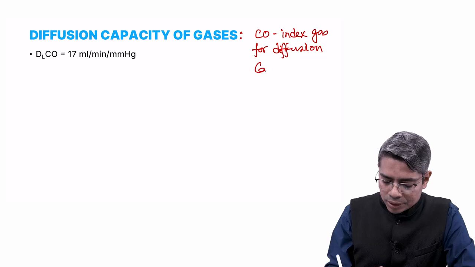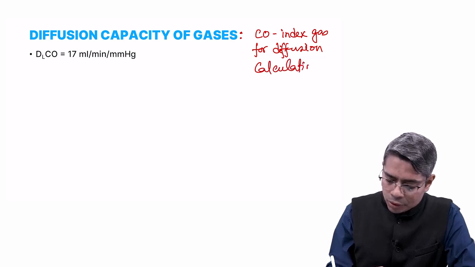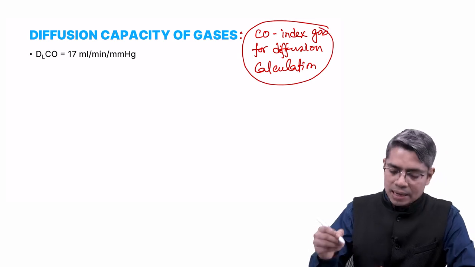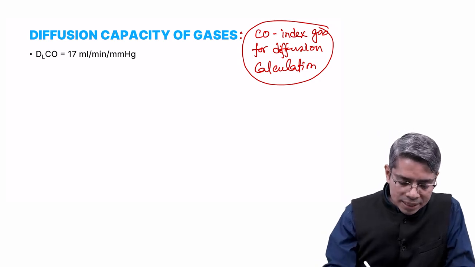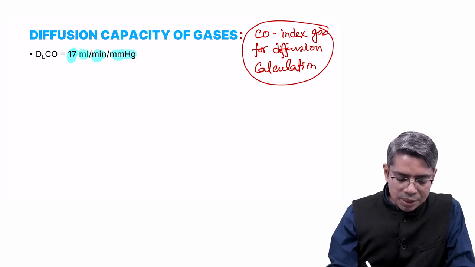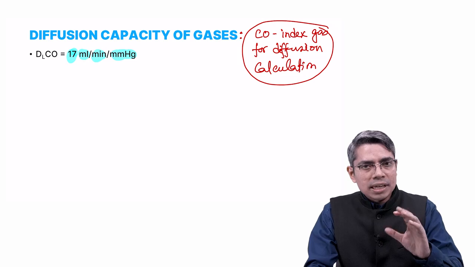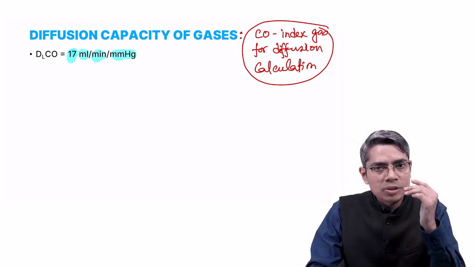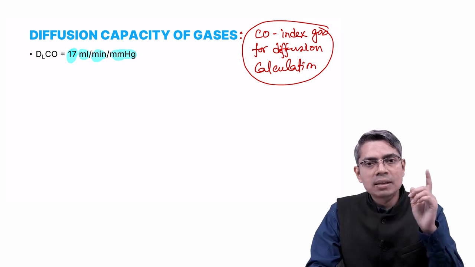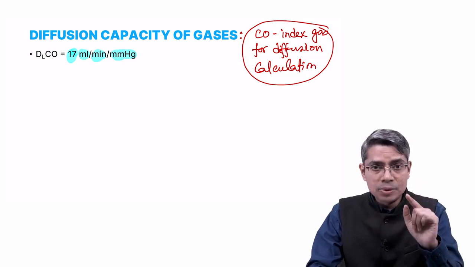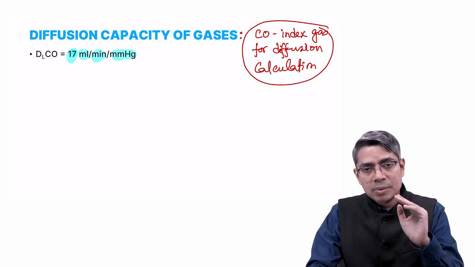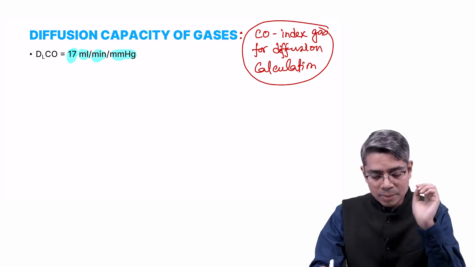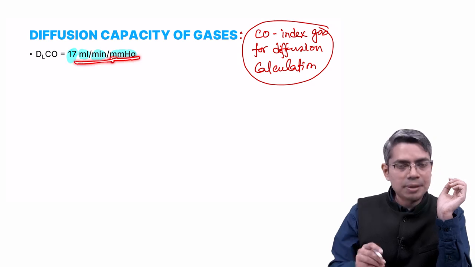If you use carbon monoxide gas and measure the diffusion capacity of the lung, it will be 17 ml per minute per millimeter of mercury. So, how much carbon monoxide diffusion is happening through the lung? 17 ml of carbon monoxide can diffuse in 1 minute if the partial pressure difference between alveoli and capillary blood is 1 millimeter of mercury.